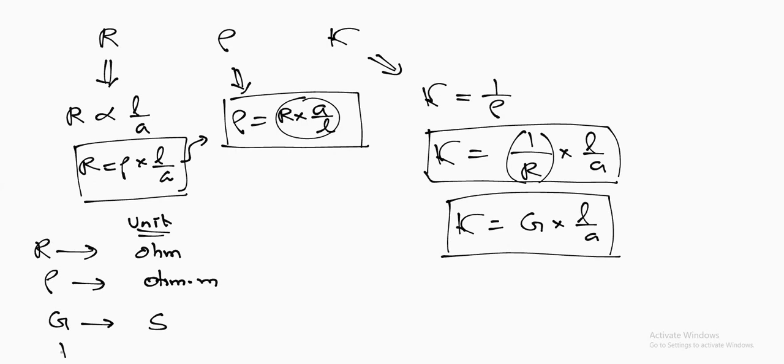What is the unit of kappa? See here, G unit is Siemens, L unit is meter, A unit is meter square. So kappa unit is Siemens meter inverse. I am giving you the units in SI unit. For R unit is ohm, rho unit is ohm meter, G unit is Siemens, and kappa unit is Siemens meter inverse. So remember all this information.